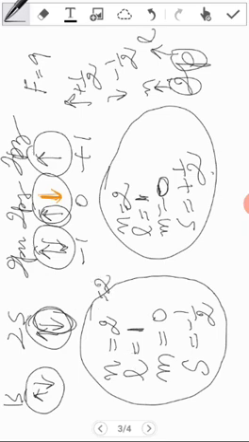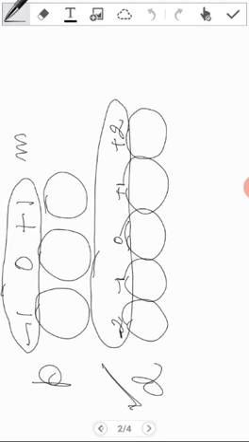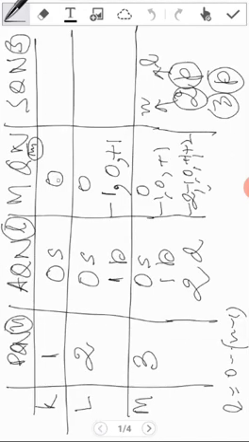L: this tells the value of L. We know that s is 0, p is 1, d is 2, f is 3. So L is equal to 0. The value of m: for s, the value of m is 0.